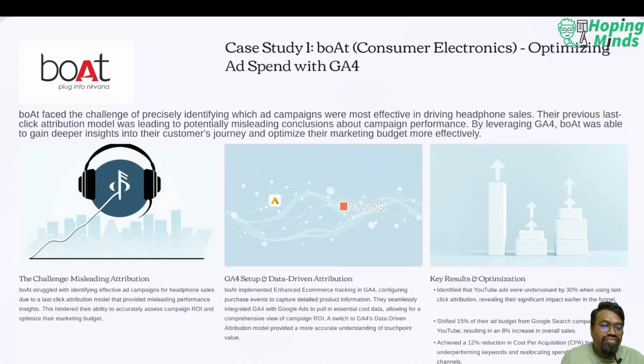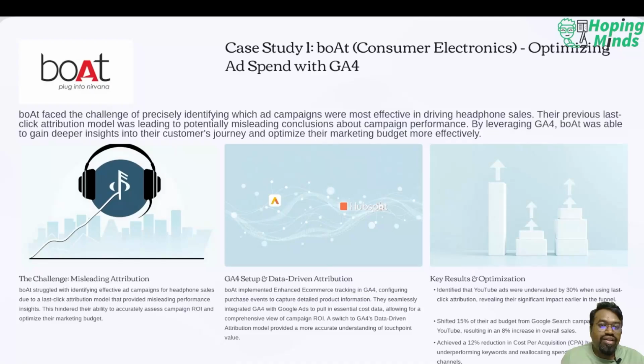Now, they achieved a 12% reduction in cost per acquisition by optimizing underperforming keywords and reallocating spend to more effective channels, right? So Boat is now heavily investing in YouTube ads rather than search ads.